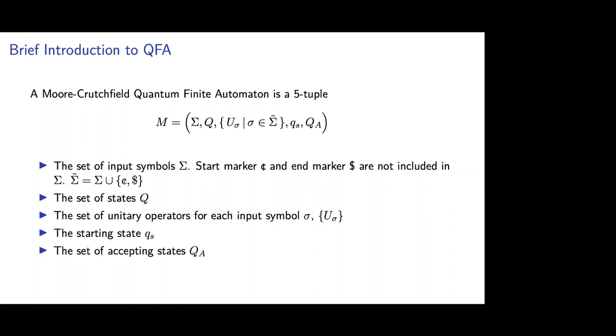This set doesn't include start markers and end markers, but the automaton uses them. The next is a set of quantum states. Then we have unitaries, which correspond to each input symbol. We then have a starting state, which we initialize the automaton to. And then we have a set of accepting states.